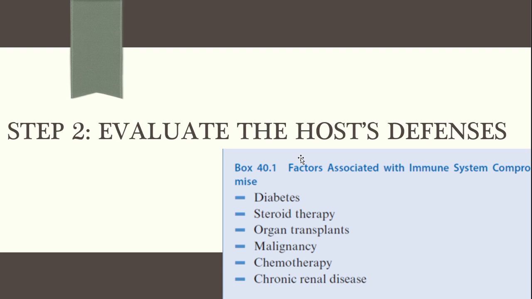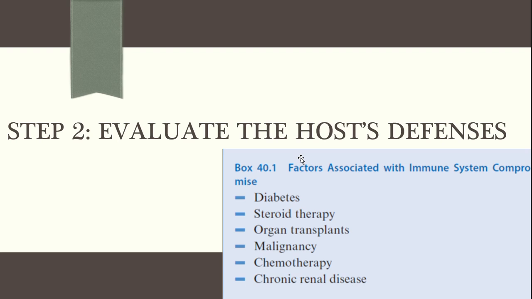The second step is that we need to evaluate the host defenses. We need to see the factors that can reduce the patient's immune system. Like diabetes, it can reduce the immune system and cause the infections to be more severe, even with less pathogenic bacteria. Steroid therapy can put the patient at risk of infections. Organ transplants and chemotherapy: patients might be on some immunosuppressant medications.